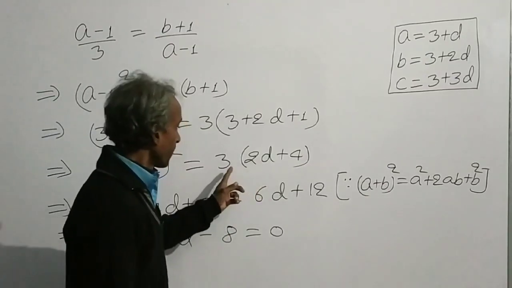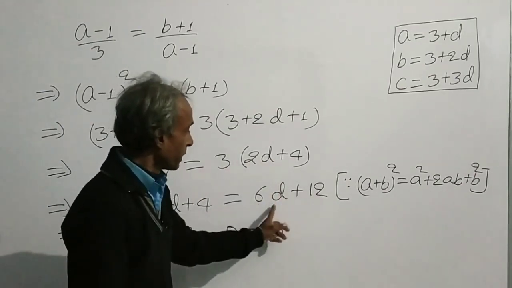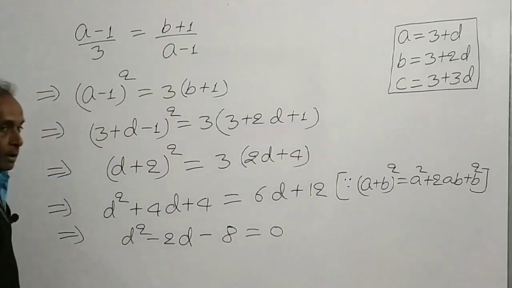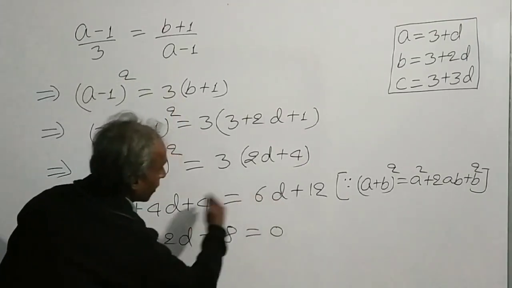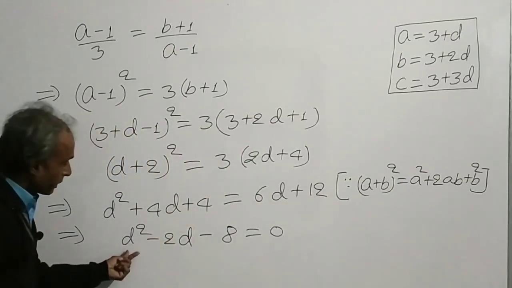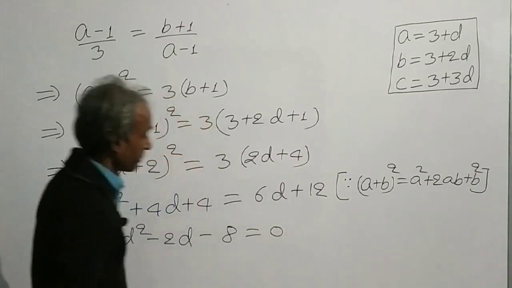We multiply this expression by 3, then we get 6D plus 12. Now we shift 6D and 12 to the left hand side. Then we get D square minus 2D minus 8 is equal to 0.